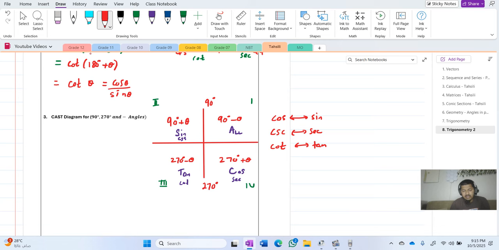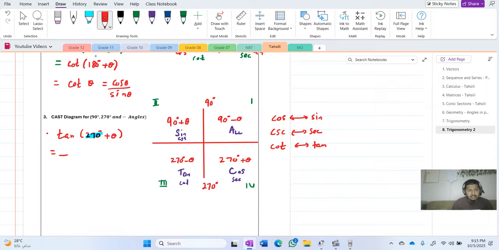So if I ask you what is tan of 270 plus theta, 270 plus theta is basically in the fourth quadrant, and tan is negative. Now because of the 270 we are using as an angle, it changes to co-ratio, so tan changes to cot.